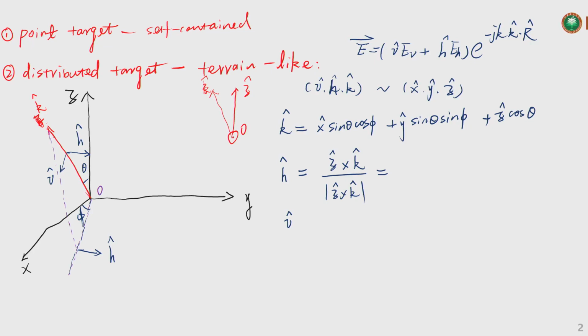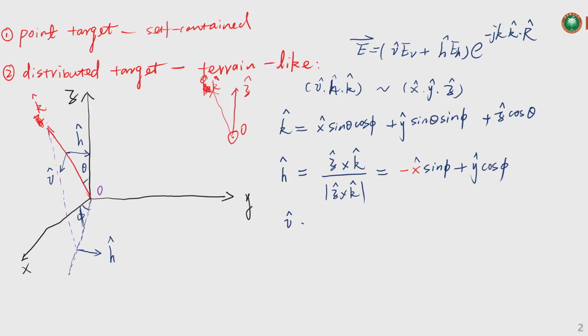So we can take the cross product of theta cross k, divided by their magnitude, then it becomes a unit vector. After the calculation, it equals x sin phi plus y cosine phi.